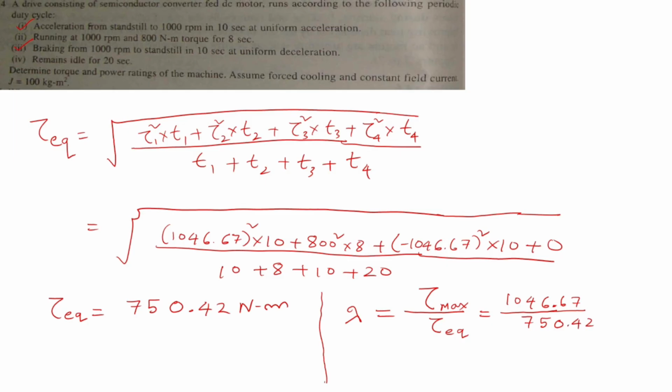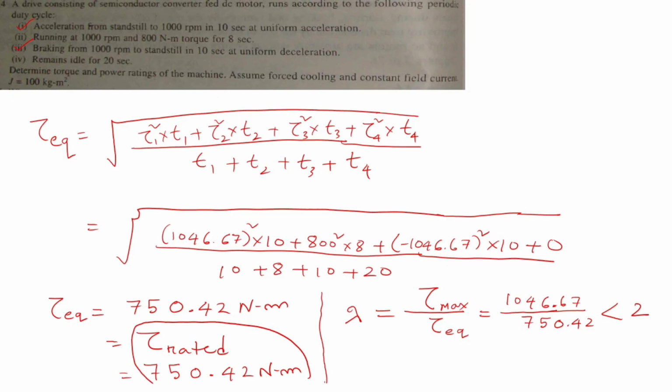This is less than 2. Therefore we can say that this torque equivalent will be the rated torque. So the tau rated will be 750.42 Newton meter. So this is the answer.